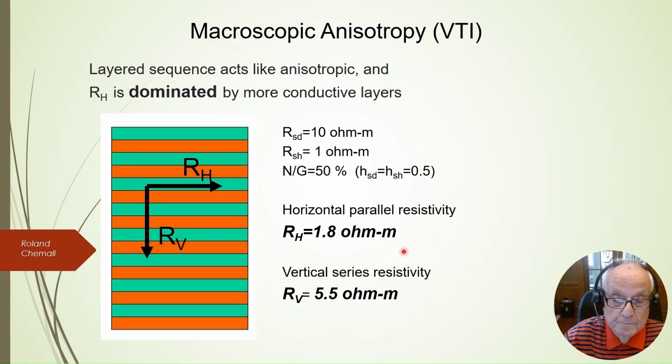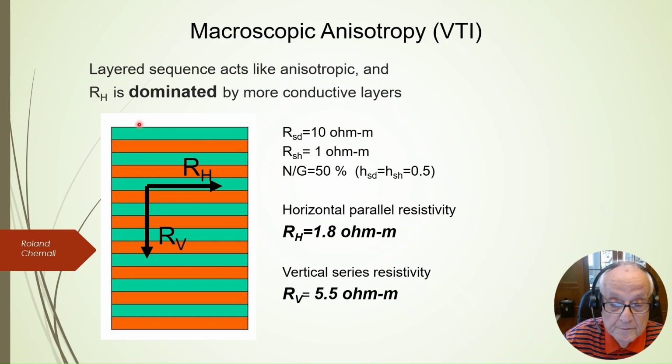if you're not careful. So for instance, in this case where we have a sand shale sequence, if the sand is 10 ohm meters in green and the shale in brown is 1 ohm meter, which is very common, then if you run an induction tool, you will measure RH, the horizontal resistivity, and it will be 1.8 ohmmeters.